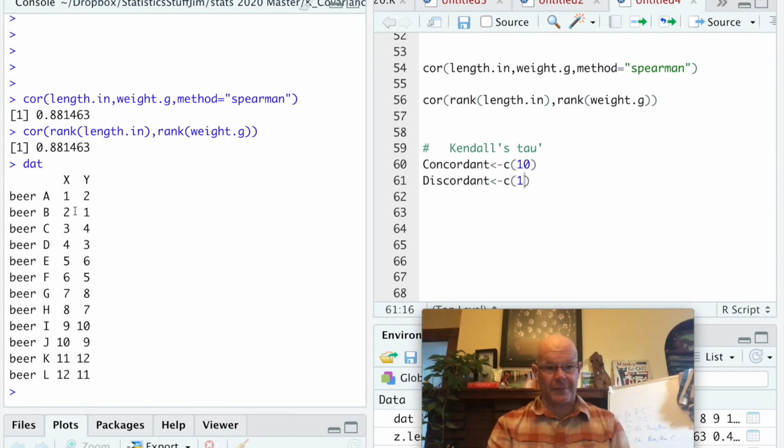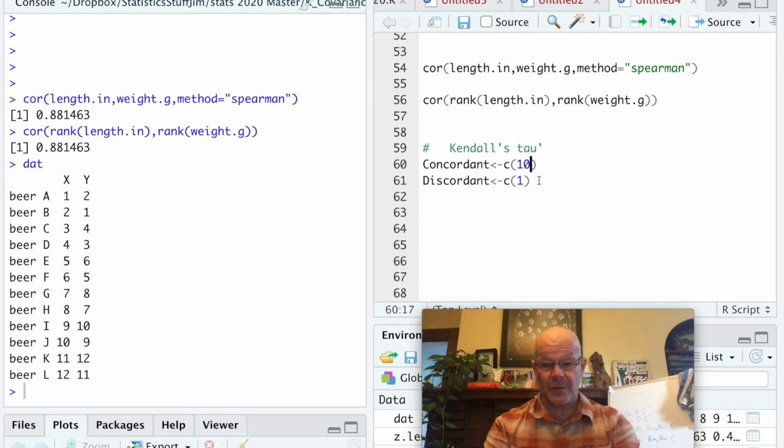Now we go to the next beer. This one was number 2 for group X. We calculate the concordance the same way. We go over to here, looking for ranks below here. We're not hopping back up, we're looking below. So we count: 1, 2, 3, 4, 5, 6, 7, 8, 9, 10.